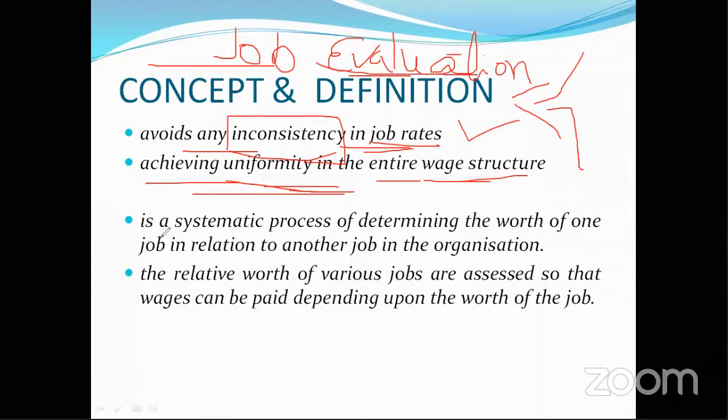So coming to the definition, it is a systematic process of determining the worth of one job in relation to another job in the organization. So I will take the example of our college. See here, sweeper will be there. Even below sweeper, you will go for scavenger. Scavenger means those who clean toilets, latrines like that. Scavenger, sweeper, then attender.